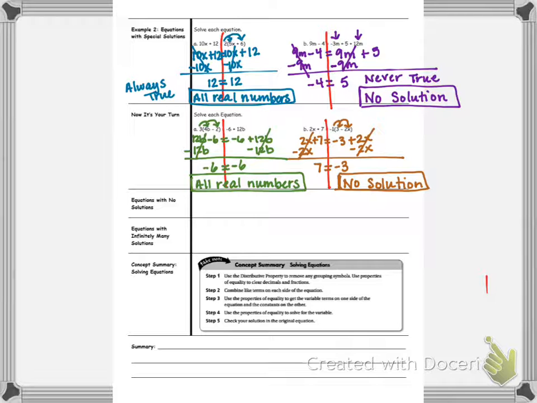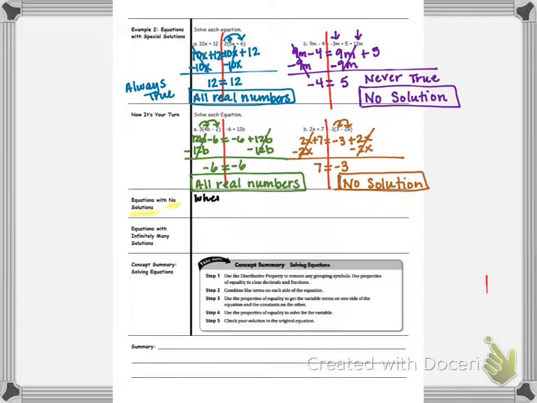So we want to think about, are there some rules that we can follow when we're looking at equations that have no solutions? What's some type of rule we can write for that?